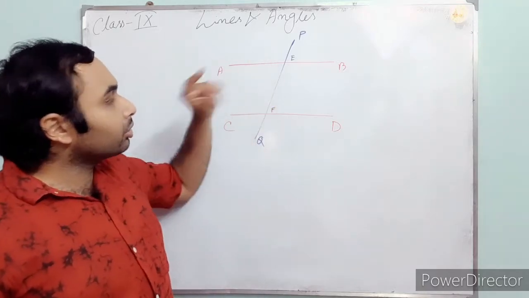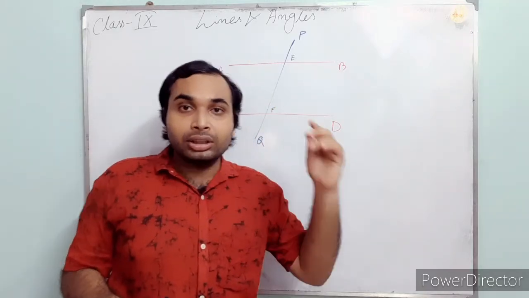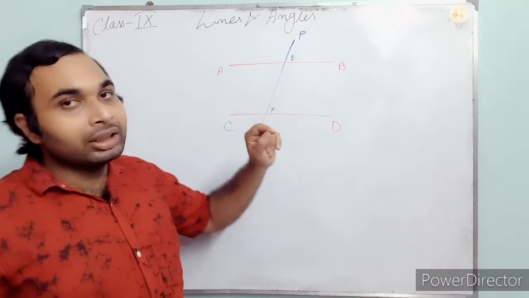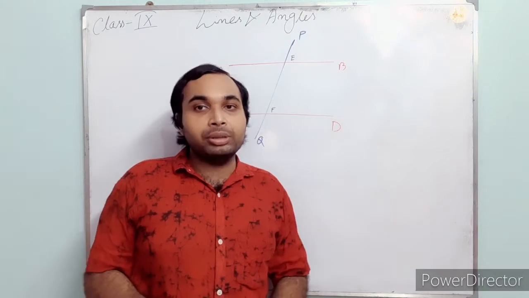Lots of types of angles are there. Very interesting. Just find how many types of angles are being made by only three lines.